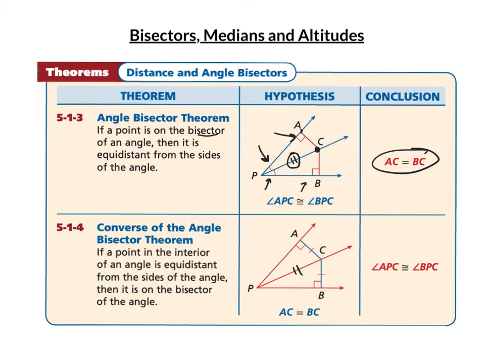Angle side side is the bad word. However, we do have something called hypotenuse leg. Hypotenuse leg says that if the hypotenuses are congruent, that's the side they share, and one of the legs is congruent, then the triangles are congruent. And if the triangles are congruent, then we know these corresponding parts are congruent.